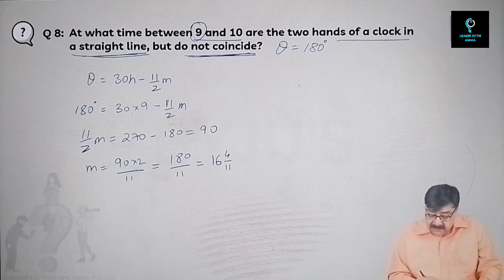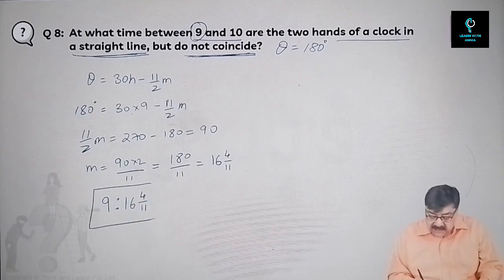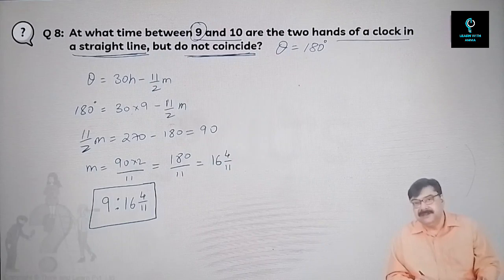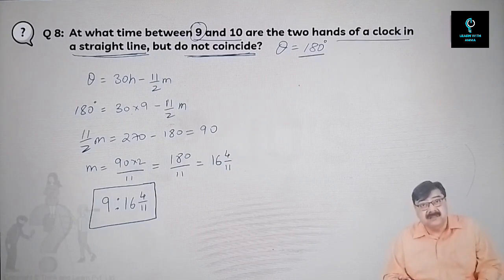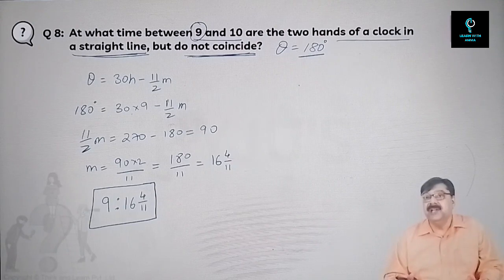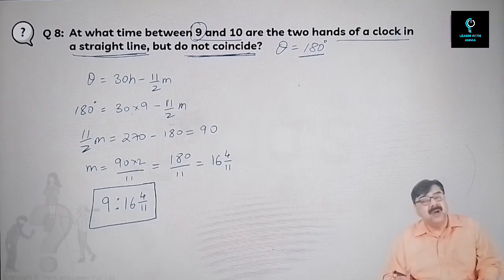So the timing here is 9:16 4 by 11, and some of you thought it is 9:15. Well, it is not. And we are talking about 180 degrees, which is formed only once in any 1 hour duration, except between 5 and 7 o'clock when 180 degrees is formed once in 2 hours duration.